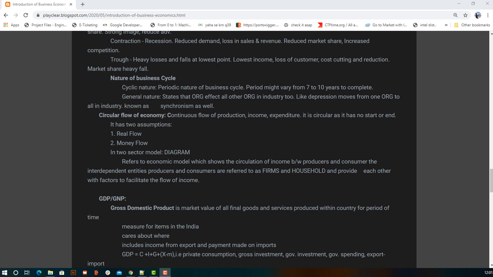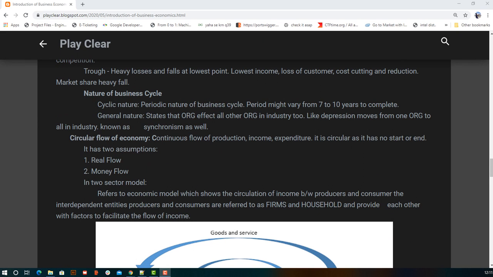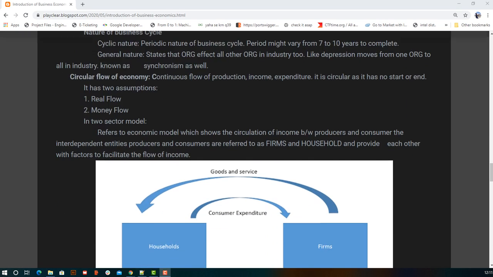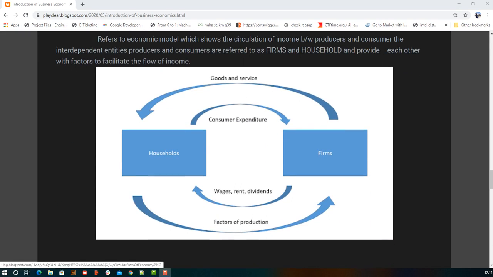Next we have circular flow of economy. Considering the circular flow as we have studied in the first topic itself, it's about what the household is providing to the firms and what the firm is providing to the household. If you can see in the graph, firms are providing goods and services to the household, and household is getting wages, rents and dividends from the firms, and in turn household is buying them, so it's consumer expenditure, and household is providing their labor as one of the factors of production.